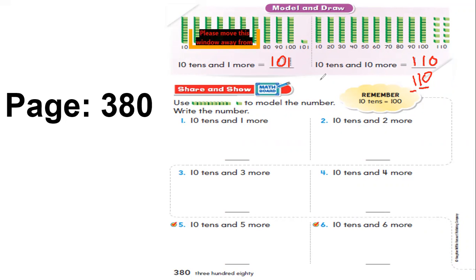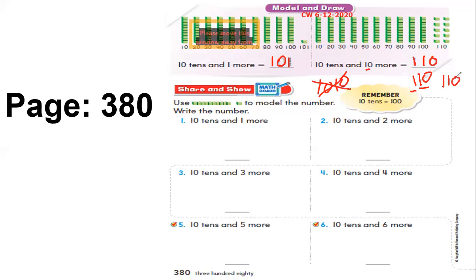Don't get confused. Don't write it as 1010. No, this is wrong. You're not going to write 10 tens and 10 more. When you have 10 tens, that is 100. You just write 1. And when you have 10 more, that becomes 110.